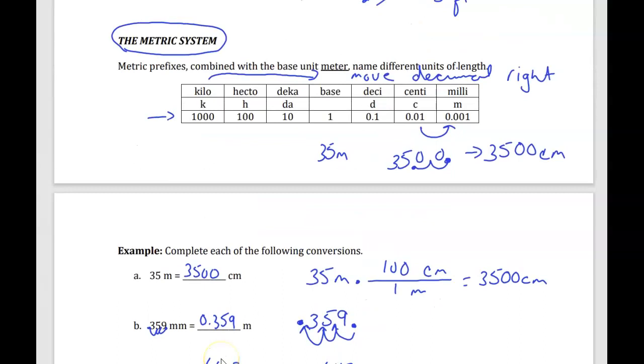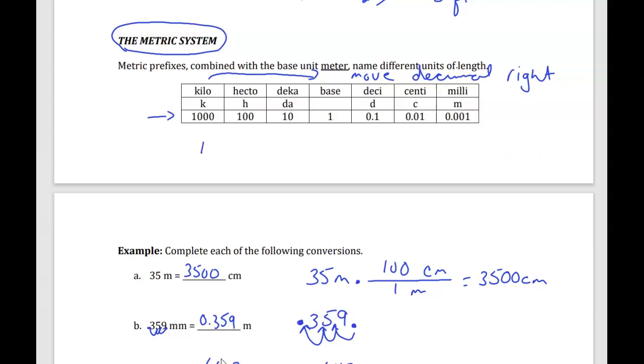Now, if I were to look at another example, let's say that I have .74 kilometers, and I want to go to centimeters. Well, that means I'm going 1, 2, 3, 4, 5 jumps.